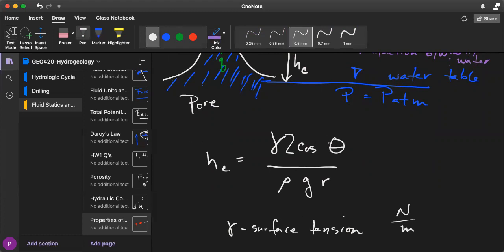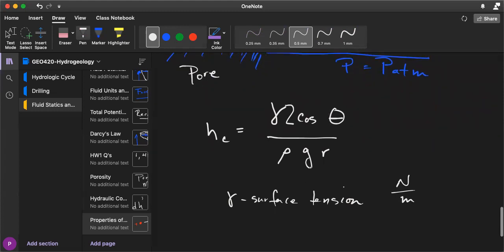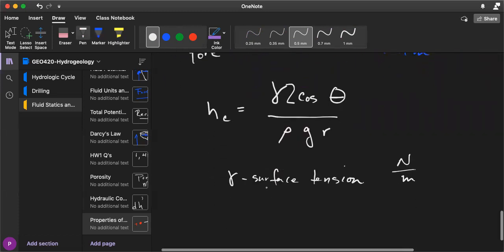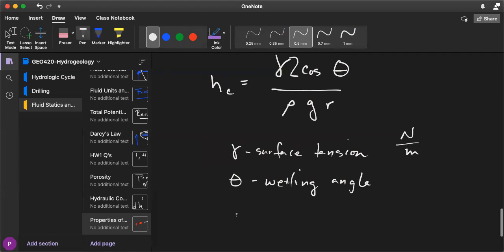Cosine theta doesn't have a unit. Rho and g have our normal units, and r is the radius of the tube, or here, the radius of the pore throat.